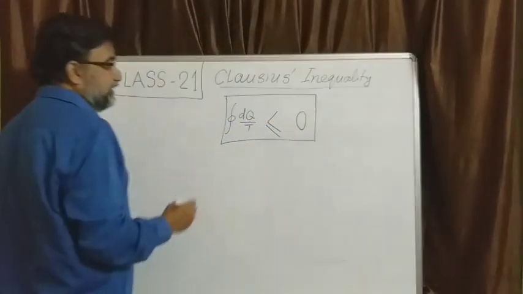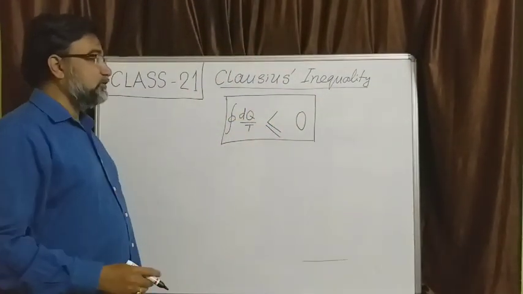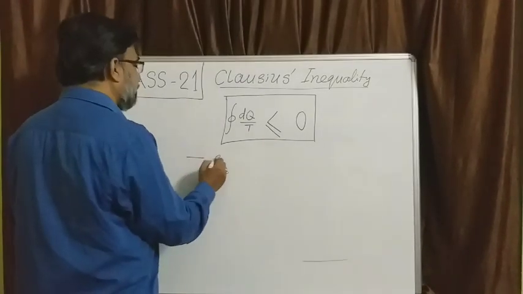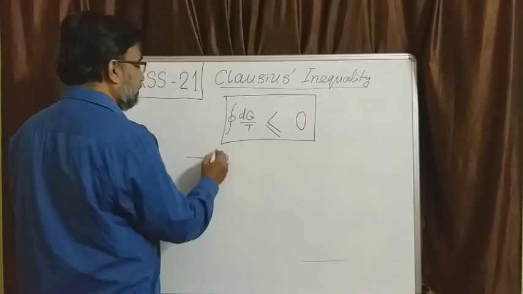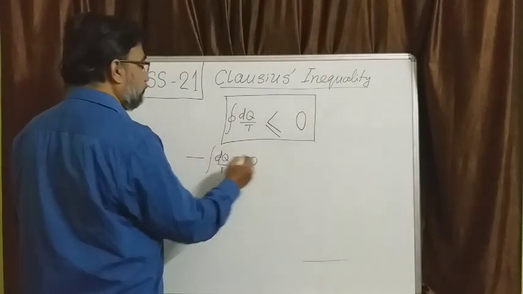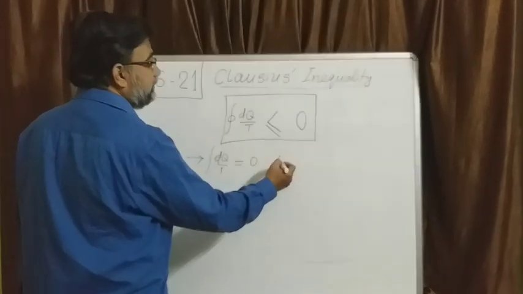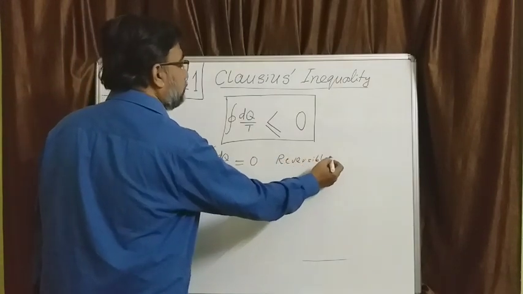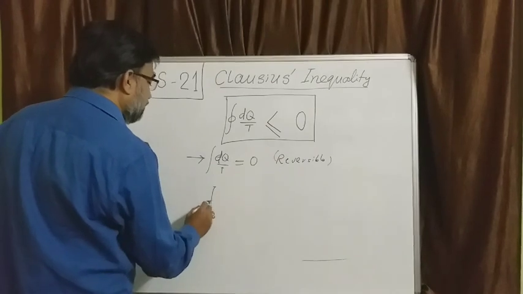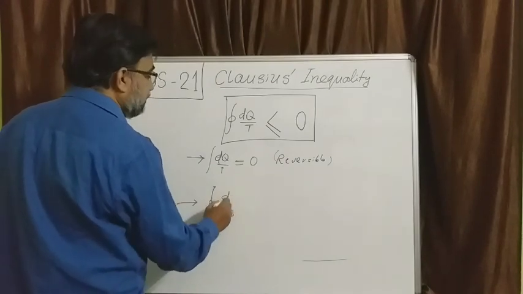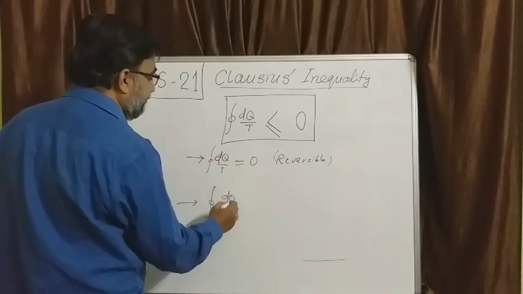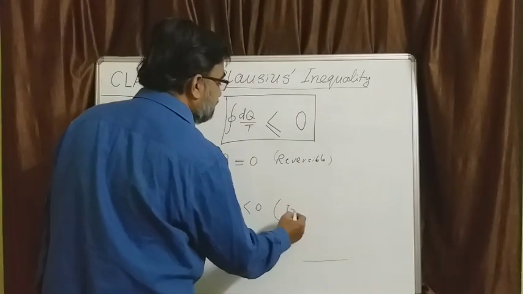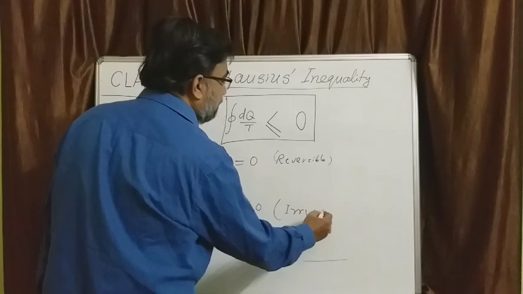And Clausius inequality says the cyclic integral of dq by t is less than or equal to 0. The possibilities are: the cyclic integral of dq by t is equal to 0, then the cycle is reversible. Another possibility is that the cyclic integral of dq by t is less than 0, then the cycle is irreversible.